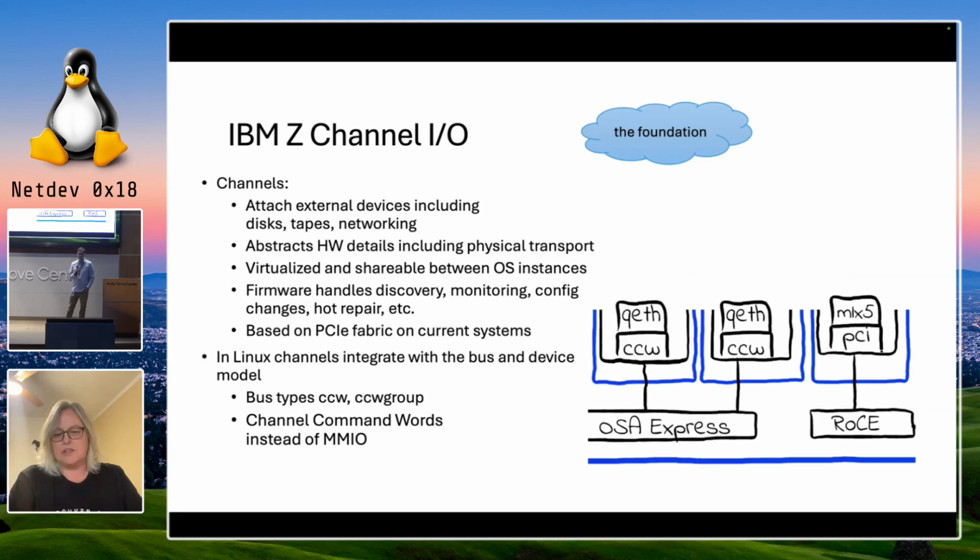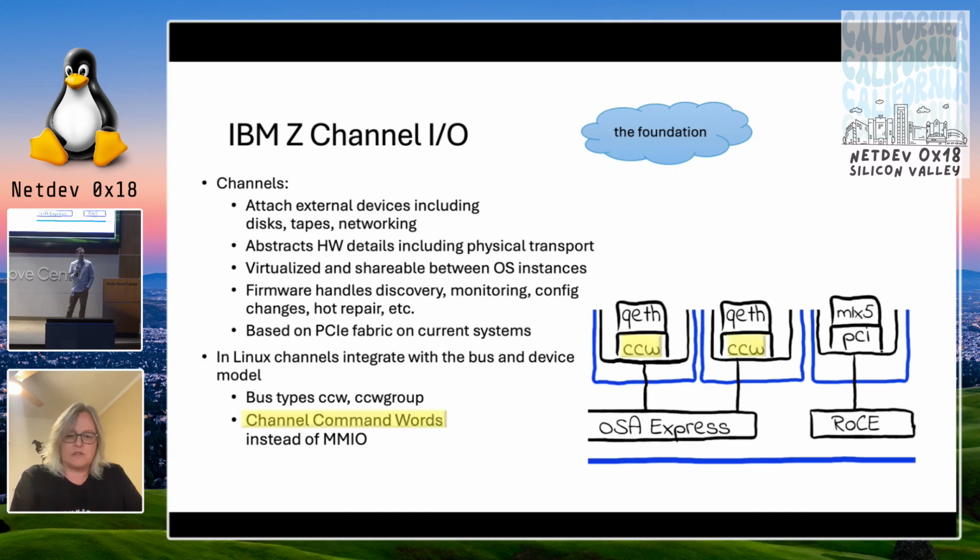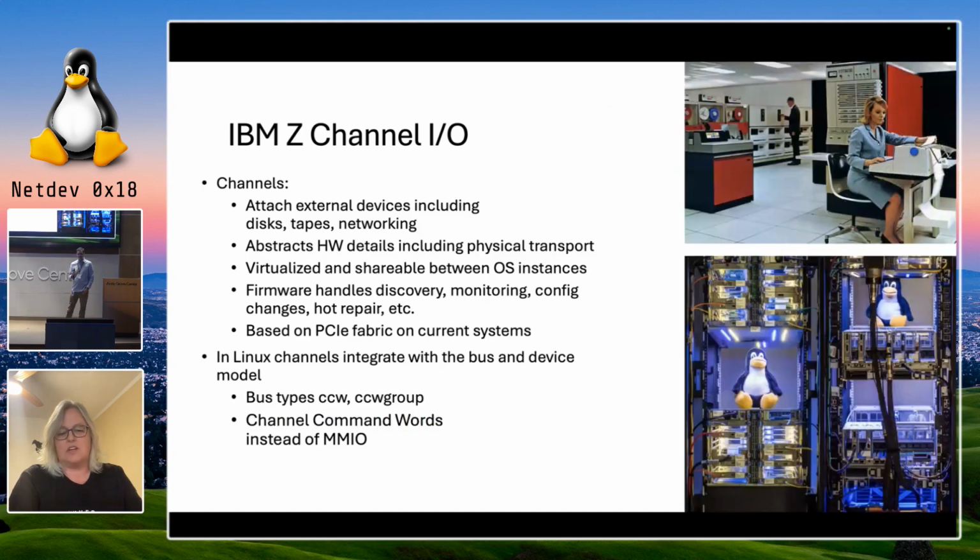So what you may see is that not all I/O devices are connected to a PCI bus, but a lot of them are actually connected from a Linux point of view to a CCW bus. That stands for channel command word. That's what CCW means. And this concept actually dates back to the very early days of System 360, where I/O was punch card readers, printers, and then later it was disks and tapes.